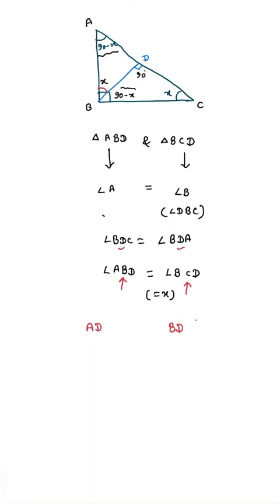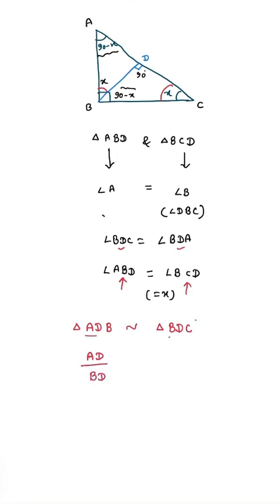Now if you look closely, angle ABD, that is x, and angle BCD, that is also x. So B is corresponding to C. Now we have the correct and full expression that triangle ADB is similar to triangle BDC.